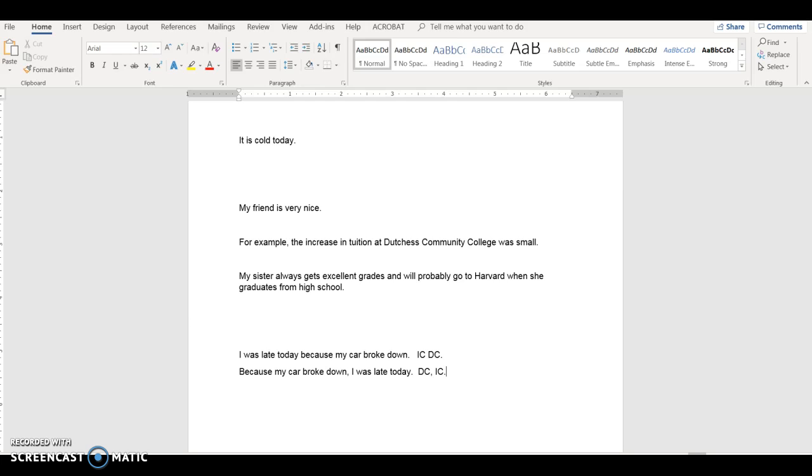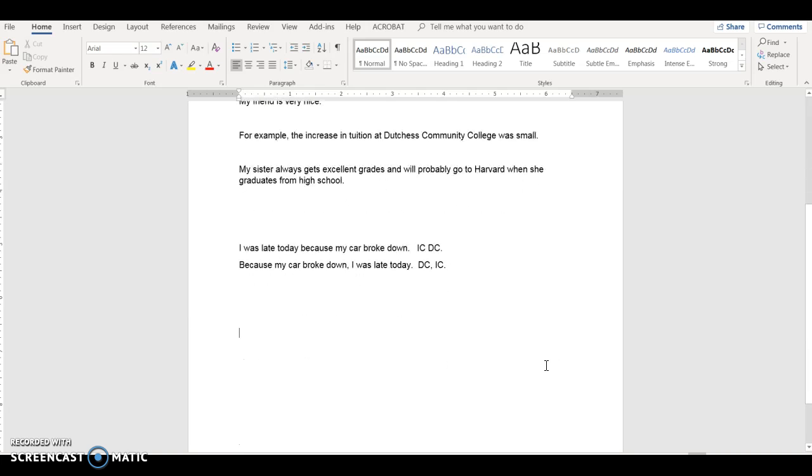The final thing that I want to mention is the idea of choppy sentences. And you can read about choppy sentences in your book on pages 196 and 197. Choppy sentences are not grammatical errors, they are style errors.